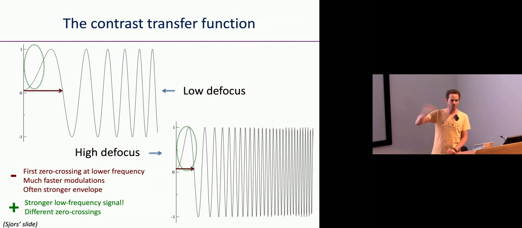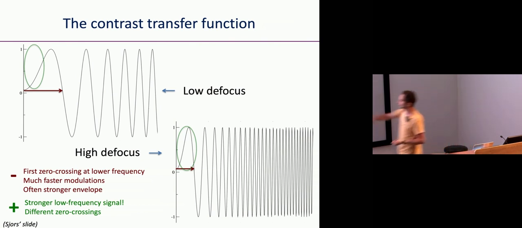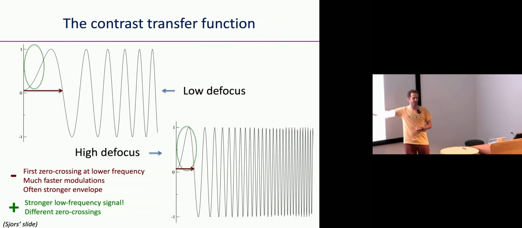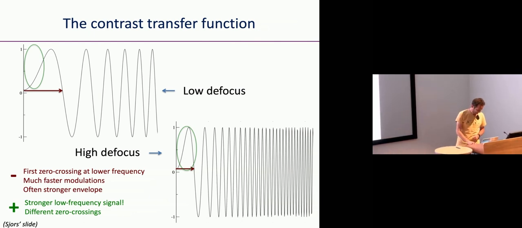And if we go out of focus more, then the first peak of the CTF will move into lower spatial frequencies, and that will generate contrast, the ability to see the particles at low resolution more readily than in the low defocus image. But this comes at the cost of you having to deal with, in the image processing, many more and faster oscillations, and at some point, that can become a problem. So there is a bit of a trade-off there.